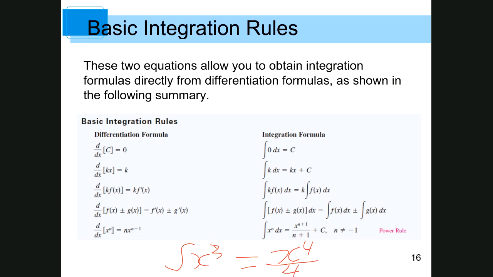That's what you really need to remember. This is about 50% of your grade. If you do it, you can see the 3 becomes 4. So the rule is this one: the integral of x^n is x^(n+1) over n+1.